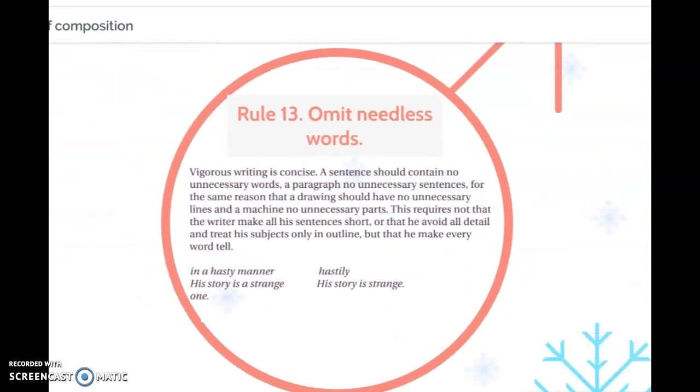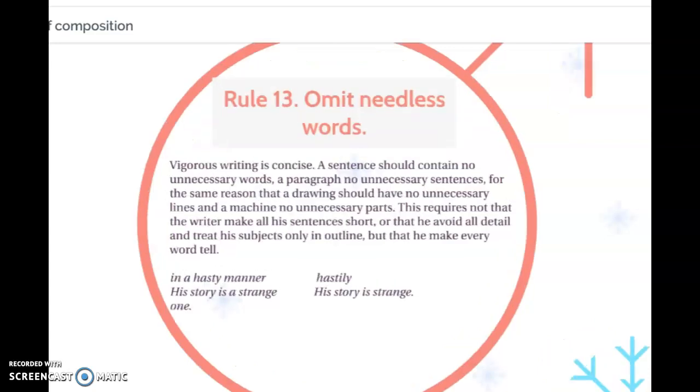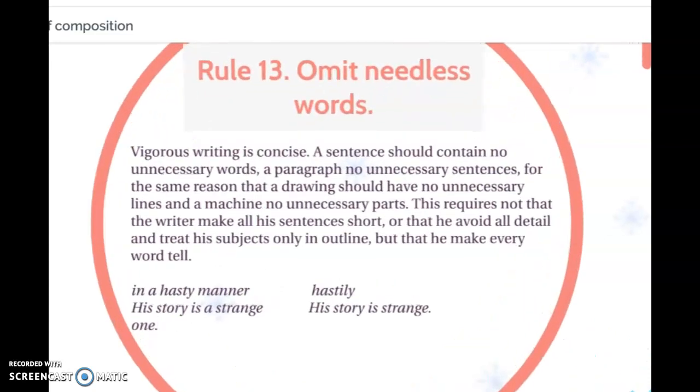Try to omit needless words. Okay? Vigorous writing is concise. A sentence should not contain unnecessary words. A paragraph should not contain unnecessary sentences. And for that reason, you are going to be required to make sentences short, to avoid a lot of details, and try to treat the subjects only in outline, but make every word tell.